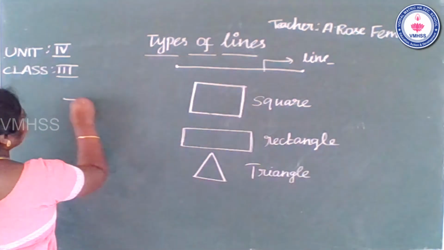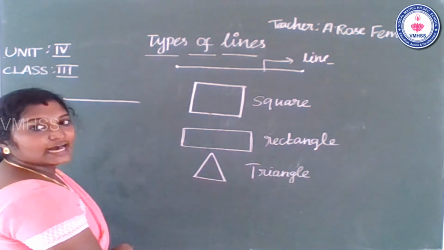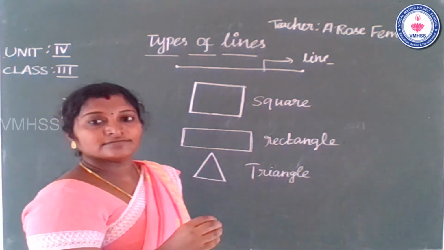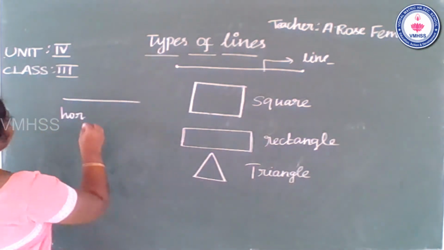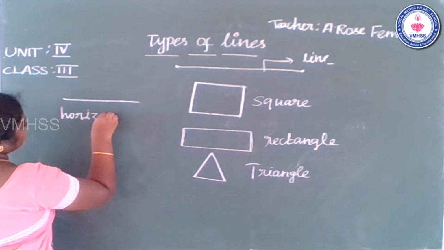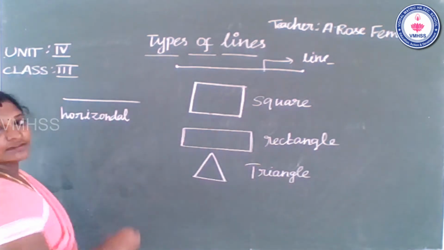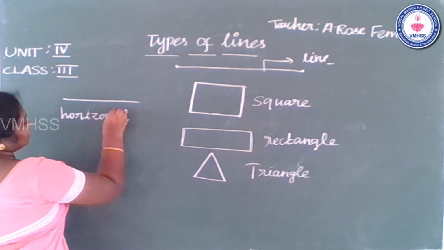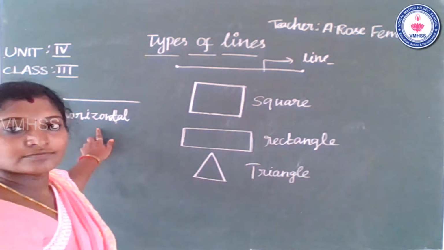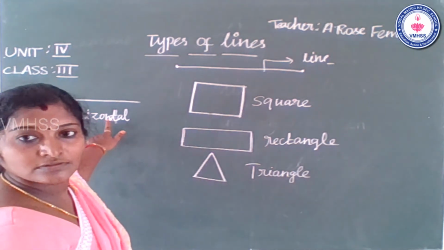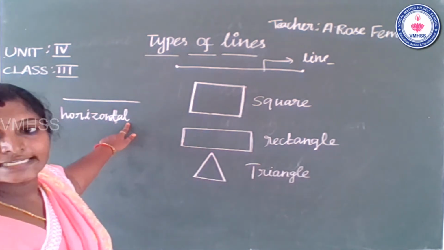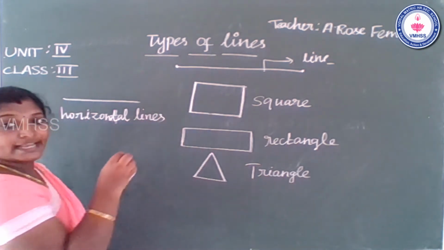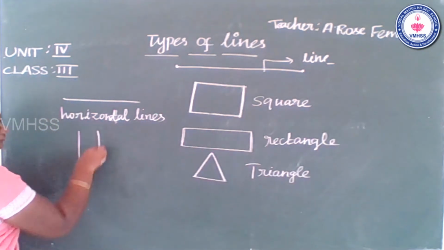This is a horizontal line. The second is a vertical line.